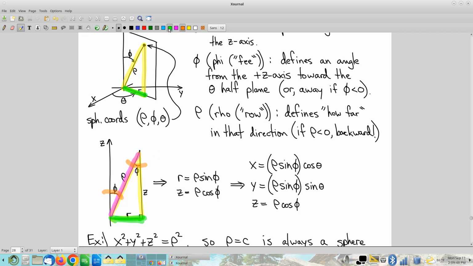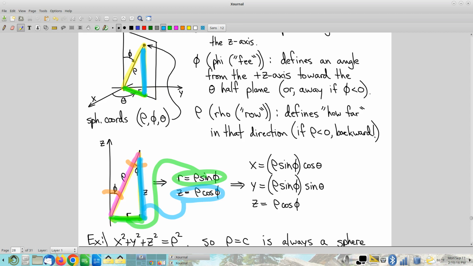And so with that noted, check it out, easy formula for r. r is just rho sine phi. Easy little trig. And then likewise, notice that z is the other side of this right triangle. Again, easy trig, rho cosine phi. Everybody on board?